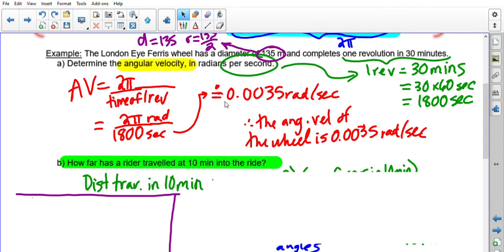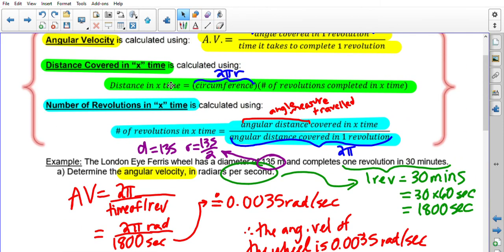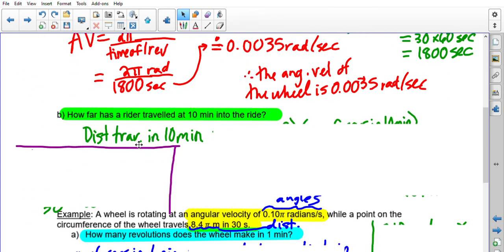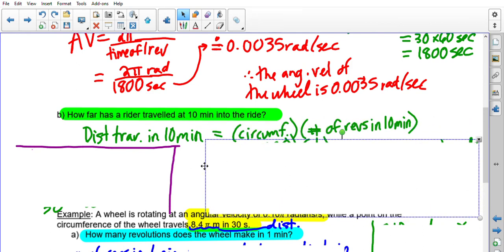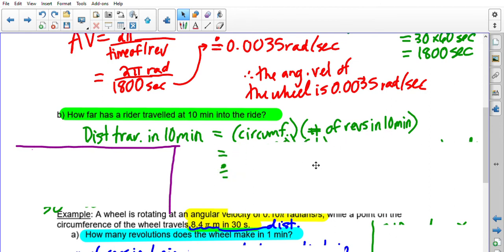All right, so we're going to use our formula here in green. Distance in x time. So distance traveled in 10 minutes should be equal to the circumference times the number of revolutions that were done in 10 minutes. We will be able to find the circumference because we know circumference is always 2 pi r.